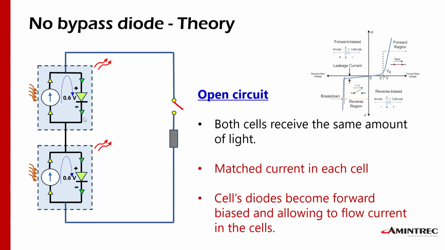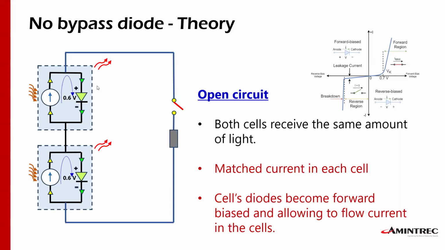So again, that happens on all the cells, in this case, the top cells and this bottom cell. Okay, and see here that both cells have their diodes on their forward bias mode, and they will allow, obviously, like I'm indicating here, current to flow through the cells.